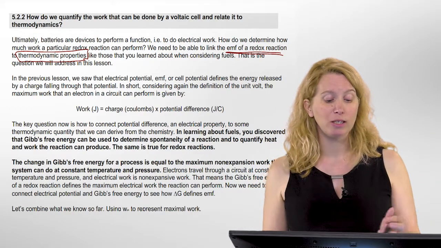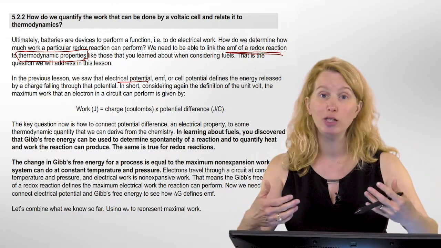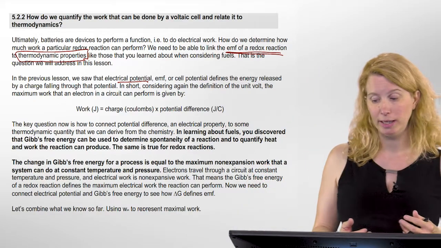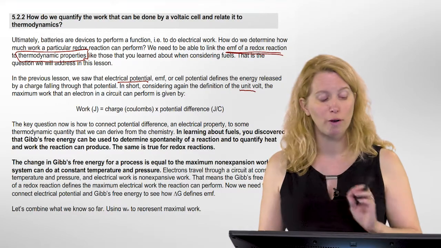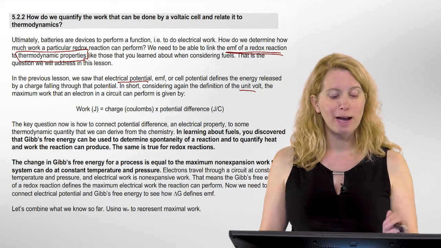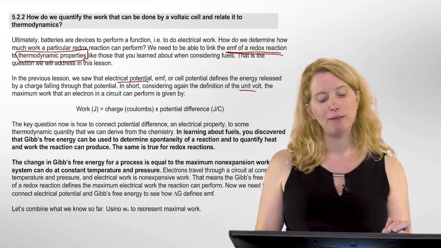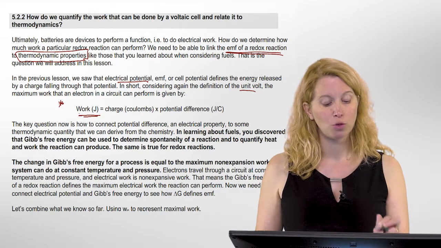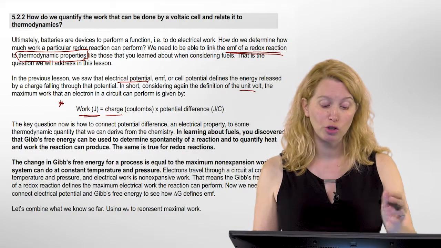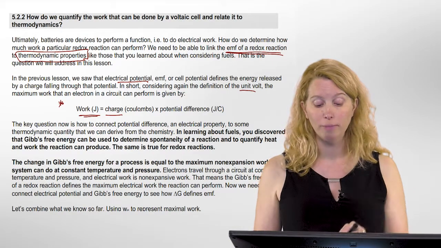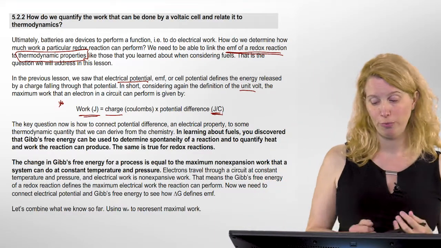In the last lesson, you saw that electrical potential, or EMF, defines the energy that can be released in an electrical process. So let's take a look again at just this definition of what a volt is. The maximum work that an electron going through a circuit can do is given by this equation. The work in joules is just the charge that's passing through the circuit, and the unit for charge is coulombs, times the potential difference that that charge passes through.